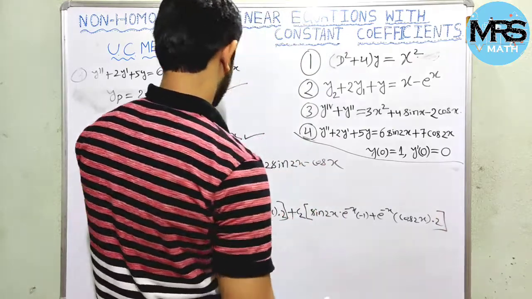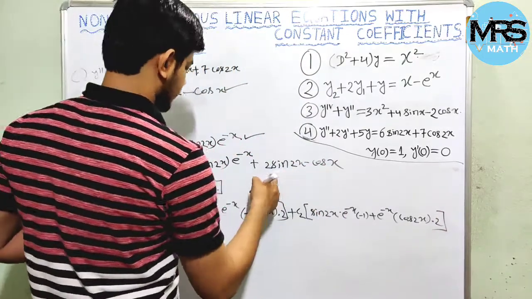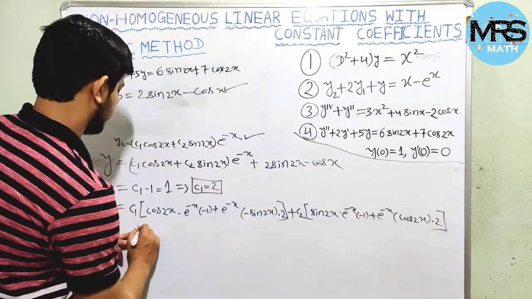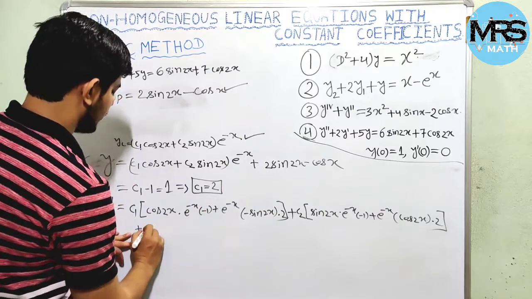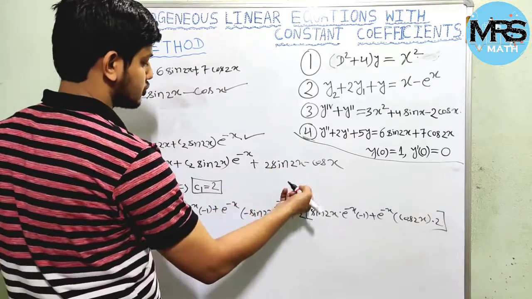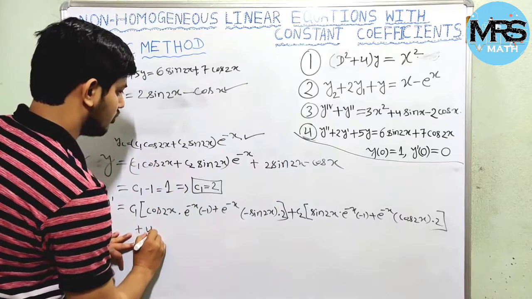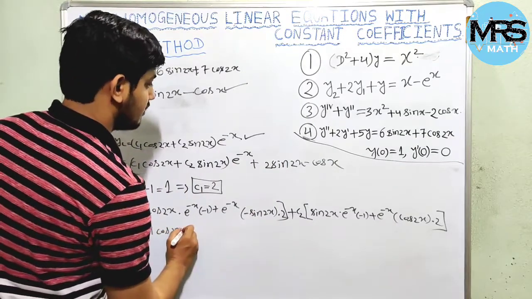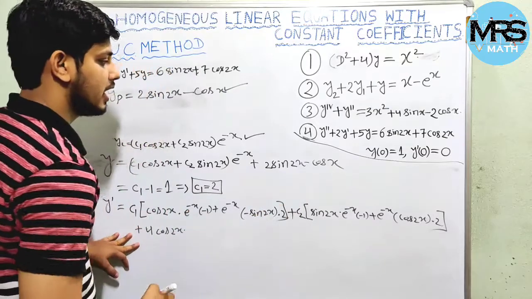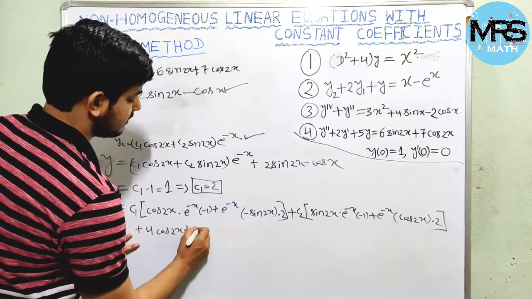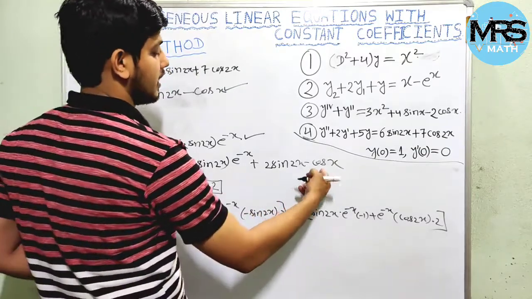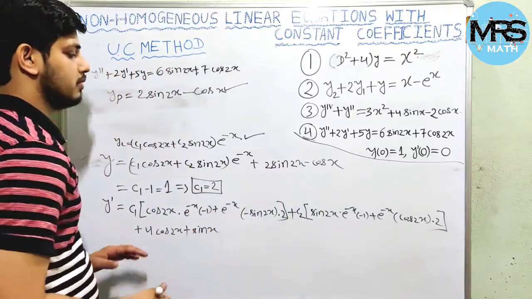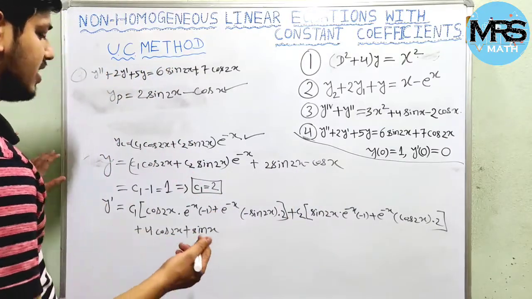Okay, this is over. Now come to plus 2 sin 2x, the derivative of sin 2x is cos 2x into 2, so we can write 4 cos 2x. Then the derivative of cos x is minus sin x, so with the minus in front, minus minus is plus. Okay, so this is the first derivative.